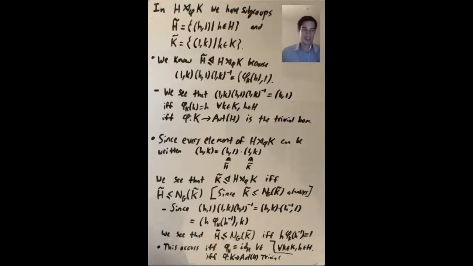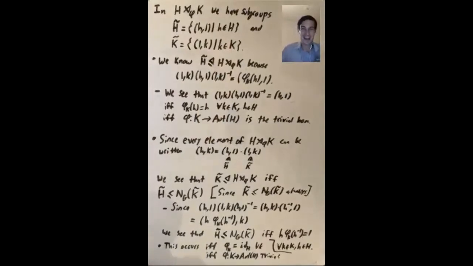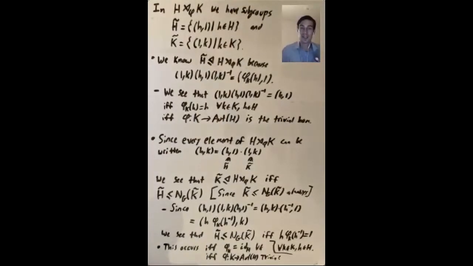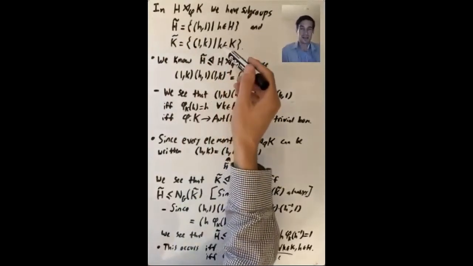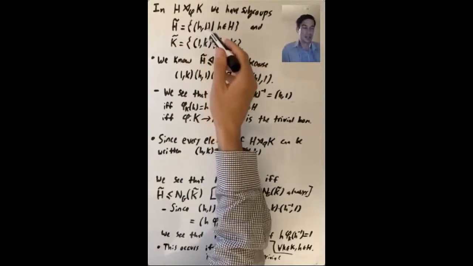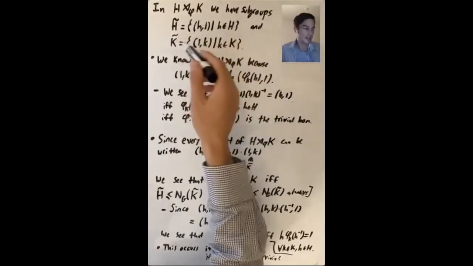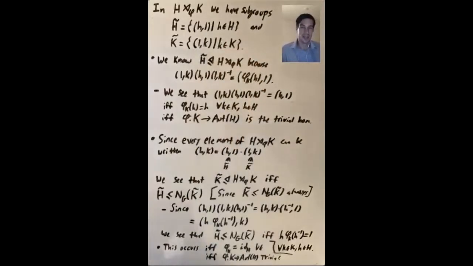In the last lecture, not only did we see that H semidirect product K was a group, but we studied two particular subgroups, H tilde and K tilde, inside of this group, where H tilde is all the pairs of the form (something in H, identity of K), and K tilde is all the things of the form (identity of H, something in K).